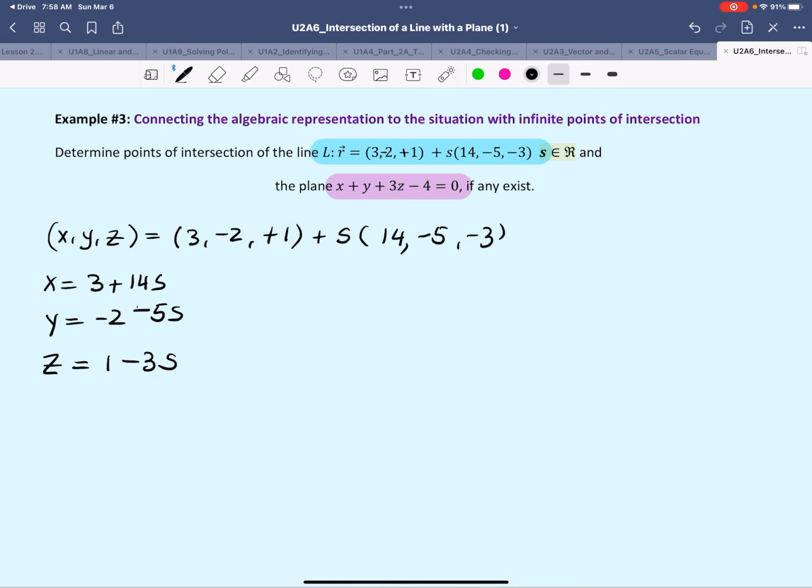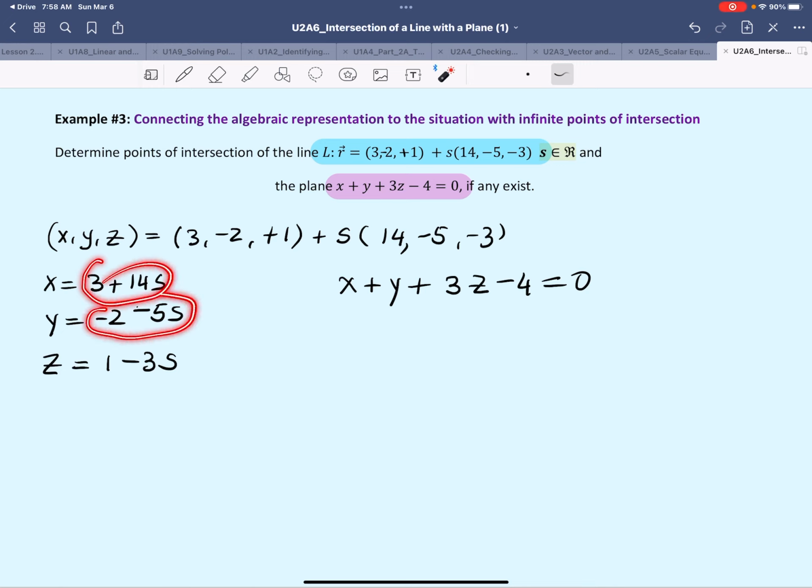And now we are going to go back to the scalar equation of the plane and substitute the x and y and z coordinates in the plane with the coordinates of any point on the line.